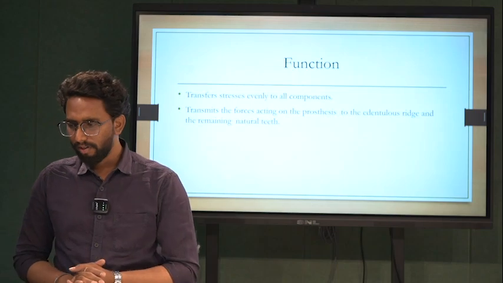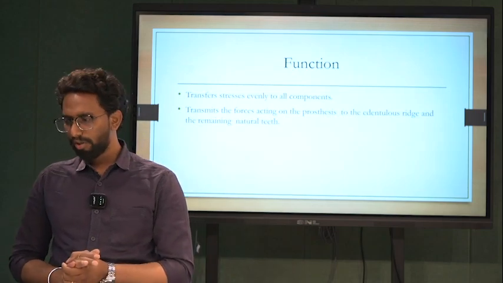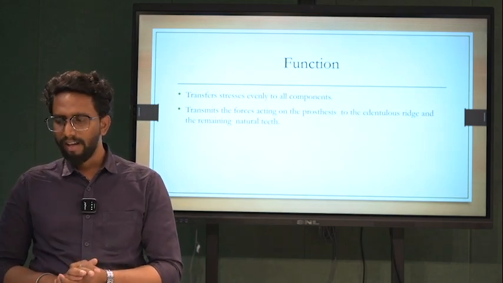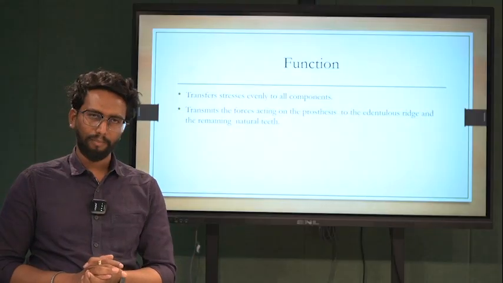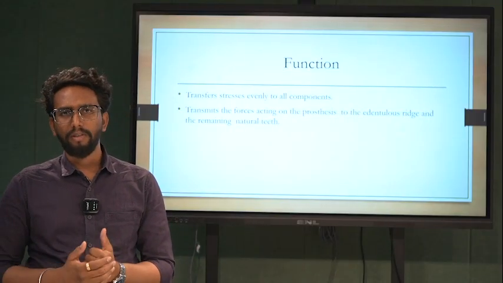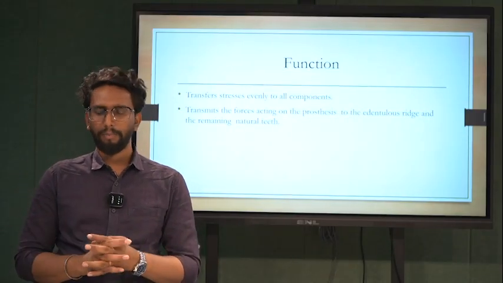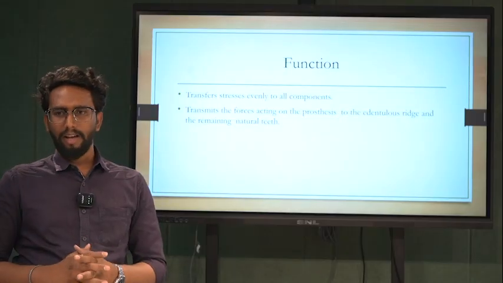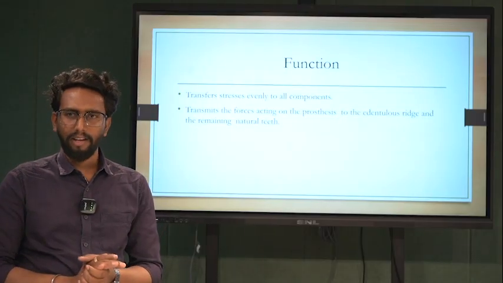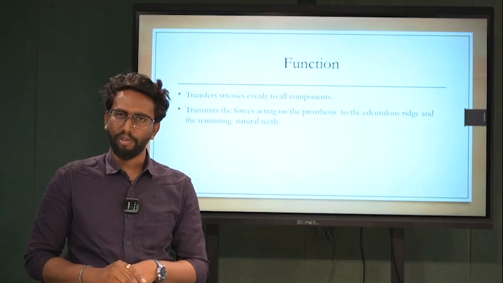It also transmits the forces acting on the prosthesis to the edentulous ridge and remaining natural teeth. So how does it transfer these occlusal forces? As we learned in the previous slide, it connects the different components.